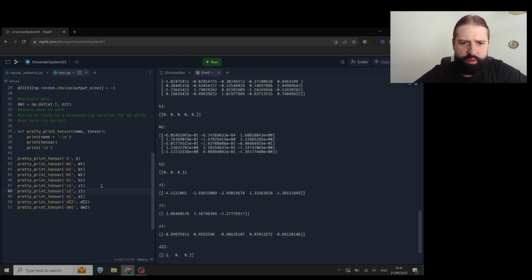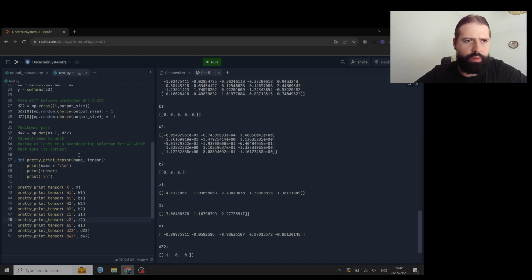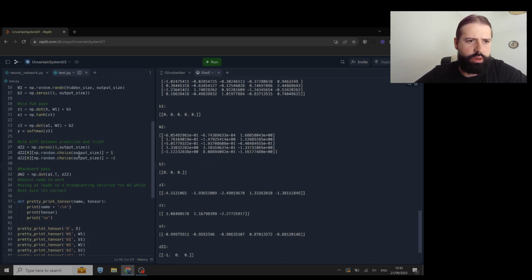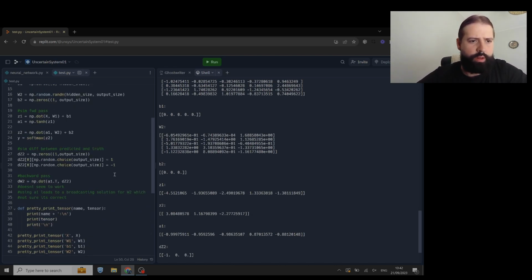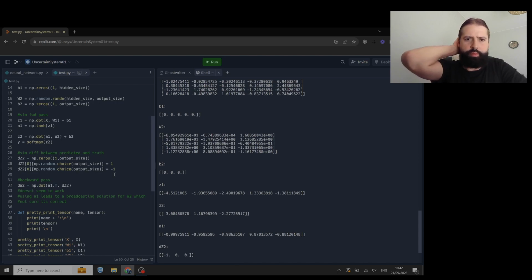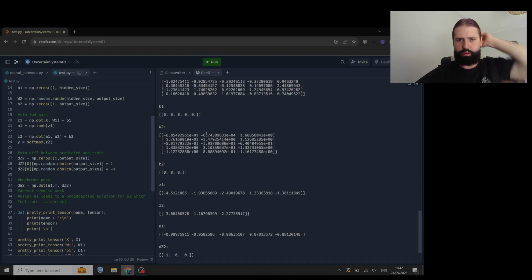Z2 is 3 dimensions. It's only shape 1, 3. Actually, pretty print Y as well. Okay. So A1.